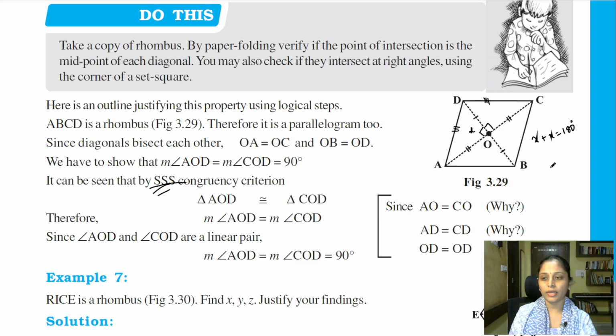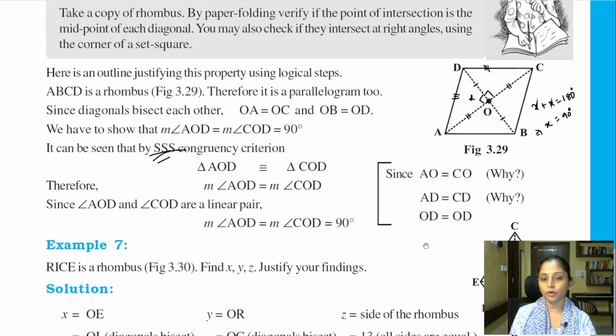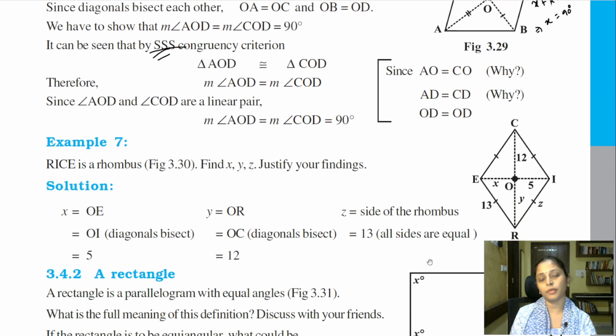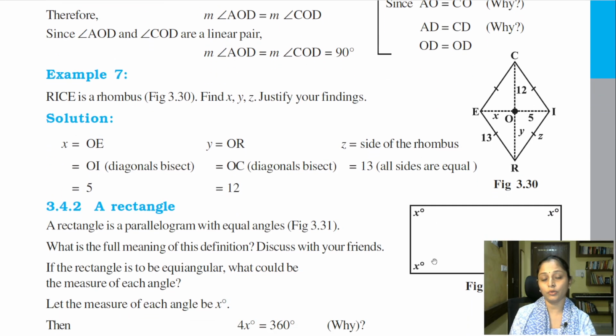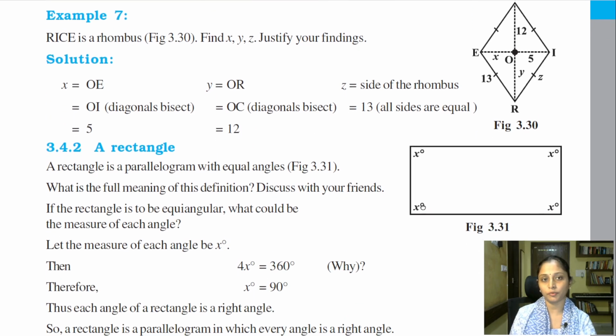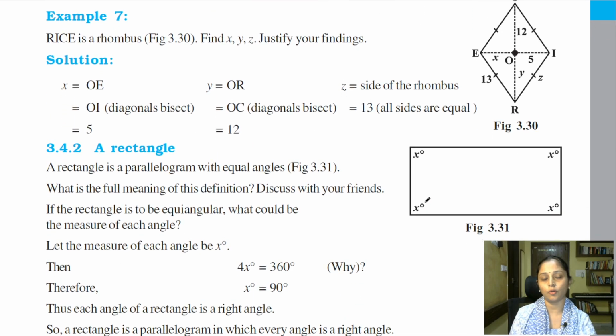So that is our geometrical proof. So this is about the properties of rhombus. What are the properties of a rhombus? You have the properties of kite and the properties of parallelogram, and additionally you have the property that the diagonals in a rhombus bisect each other perpendicularly.